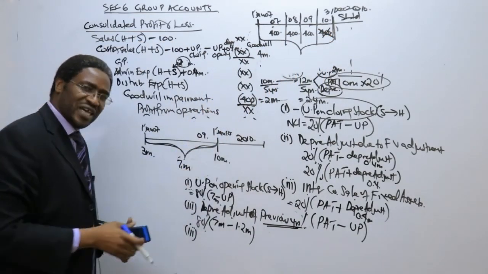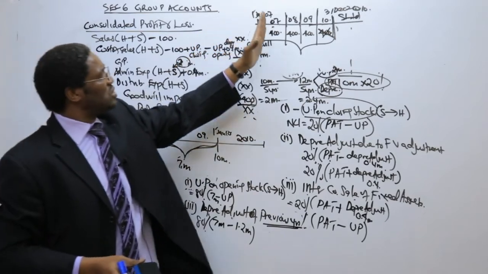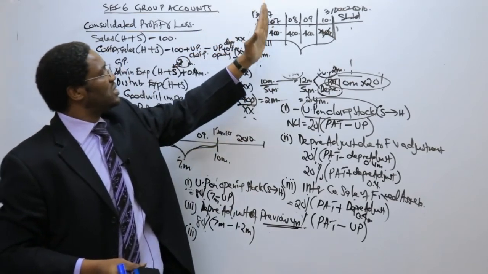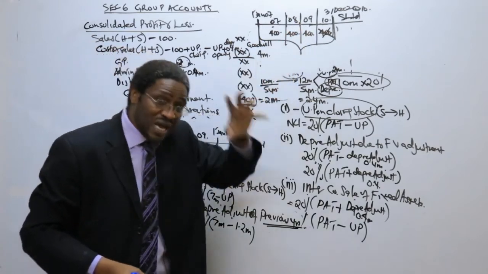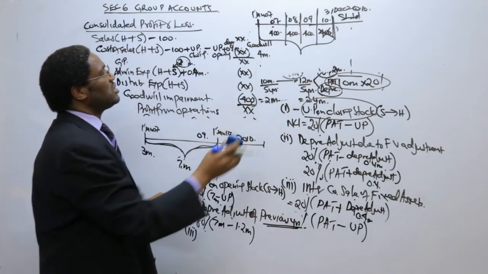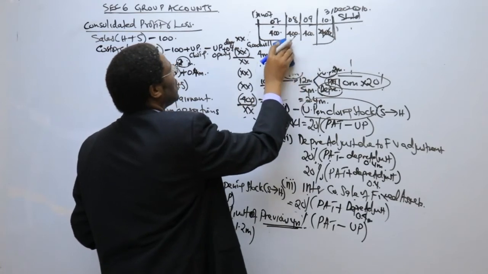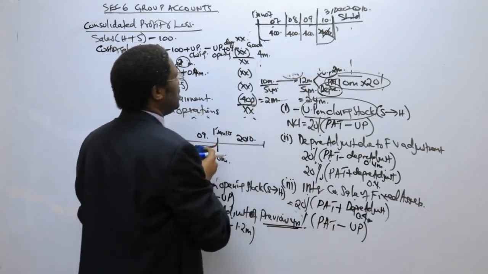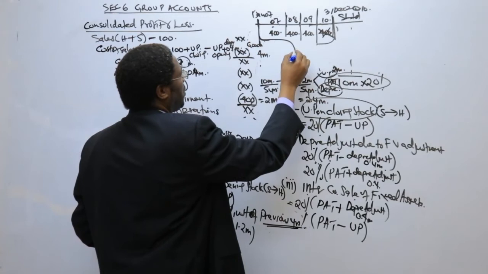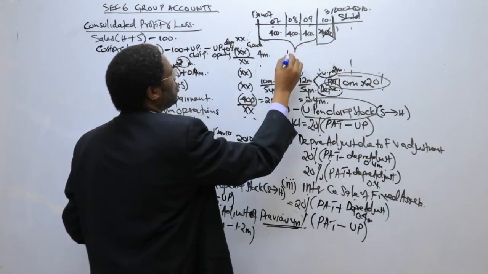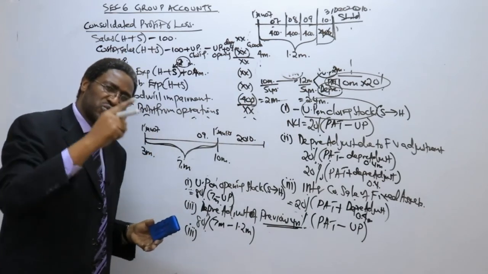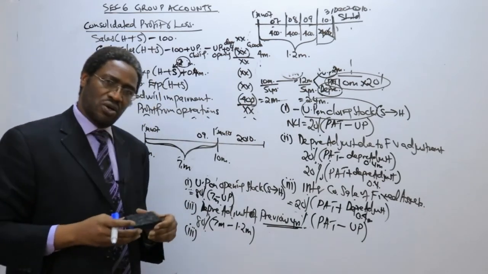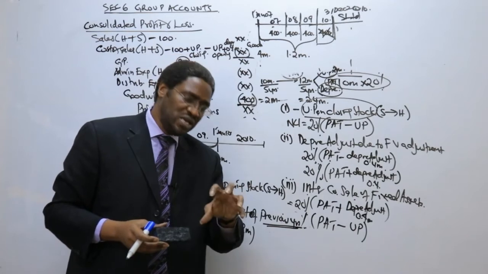But for the previous years, up to last year, these guys were supposed to charge cumulatively for those 3 years an impairment loss of 1.2 million.